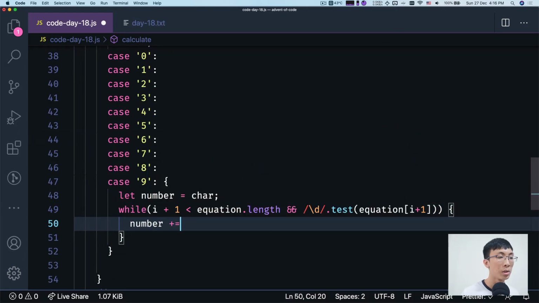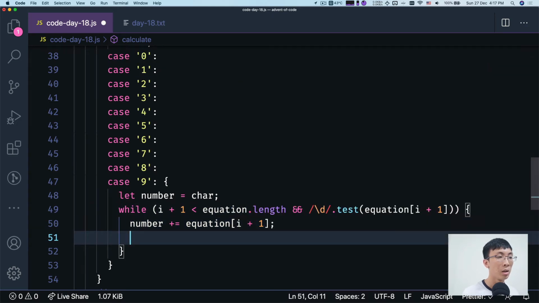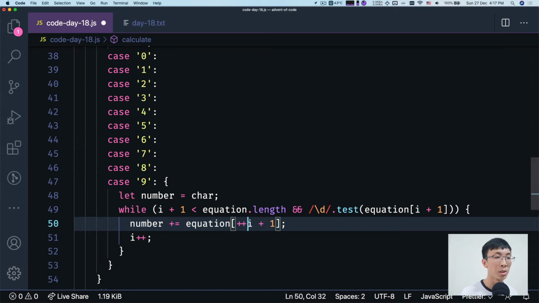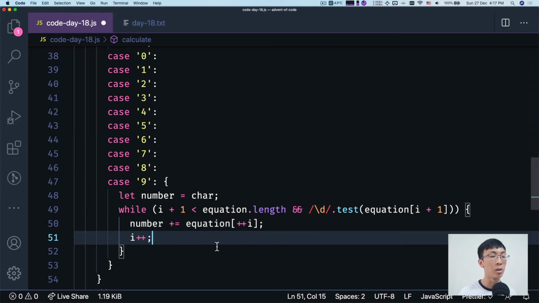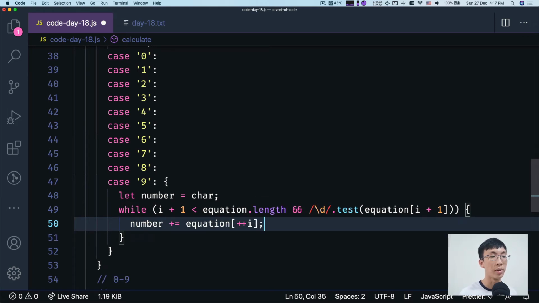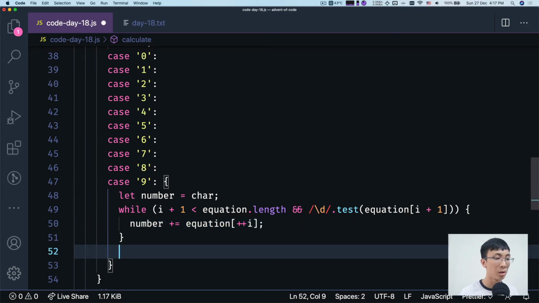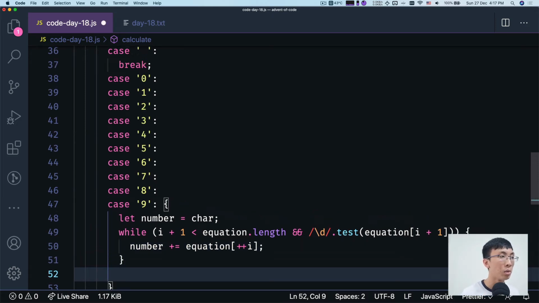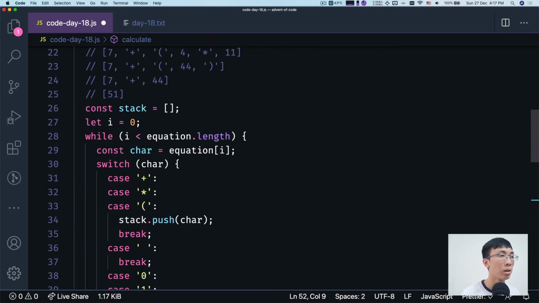Then number will plus equals to equation I plus 1 and I plus plus, right? So this can actually condense into one expression, plus plus I plus 1, which means that we increment I first, and then we use the I value, right? So yeah, now we have the number, then we are going to push this in to the stack.